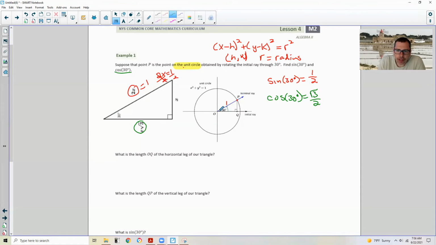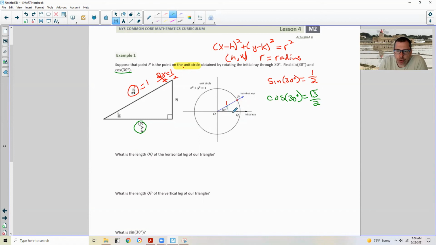So now it says, what is the length of OQ? Okay, now this brings us to that lesson 2 lessons ago, lesson 2, where we called QP the height and OQ the co-height. Remember that? So the height is sine and the co-height would be cosine.